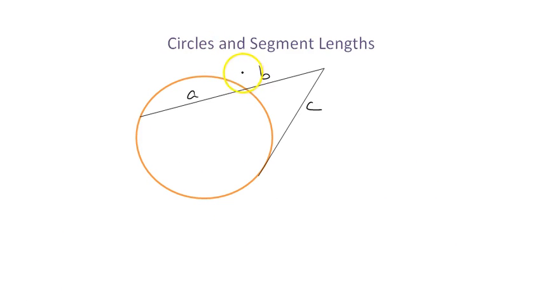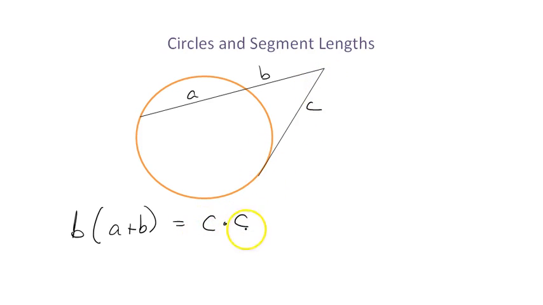Okay, another situation where the outside times whole applies is with a tangent line. So this tangent line can be treated just the way that we treat this side that has A and B. For the one that we know with the A and B, the outside is B, the whole is A plus B. For the C, if you think about it, the C part is outside, and it's the whole thing.